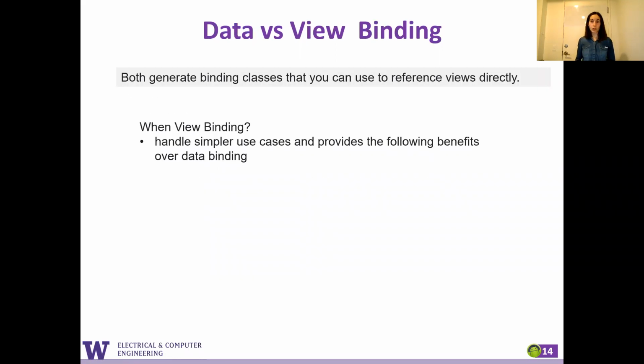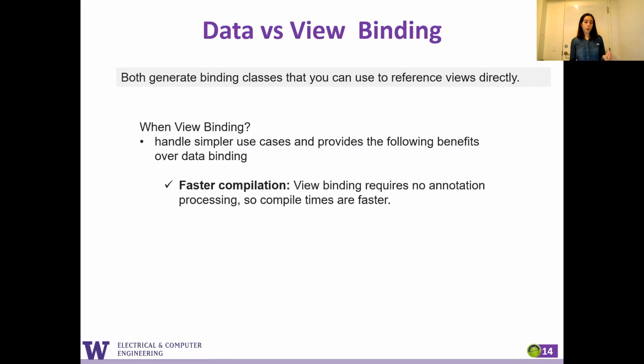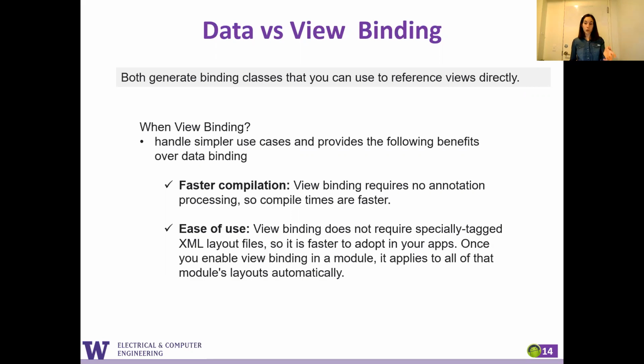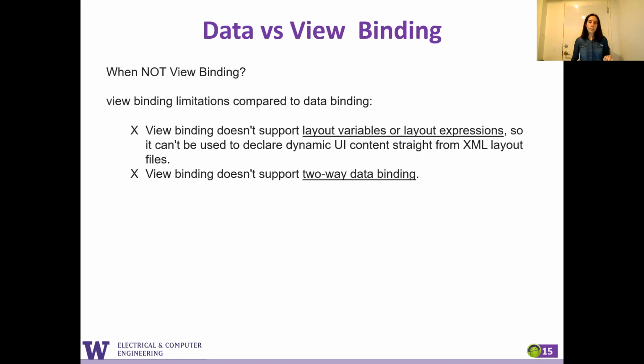So, one summary or comparison between data and view binding. You would use view binding for simple use cases because of faster compilation and ease of use. As I said, you don't need to add that specific tag in the XML, so it's faster to adopt in your apps.